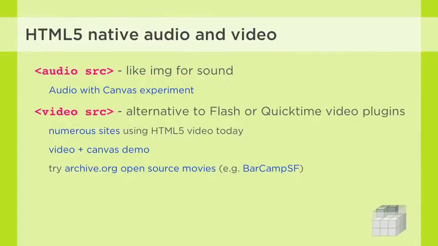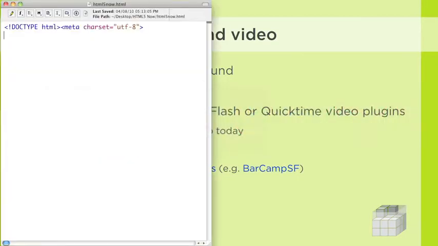So now, I'm going to go ahead and take you to a code example and show you how to program support for video. You start with just the video SRC tag. That's really it. Don't forget your close tag. In this case, I've already downloaded these videos for Barcamp SF, so I can go ahead and type in barcampsf.mp4, and I'm going to use the controls attribute to tell the browser that I want it to display video controls to control the movie.